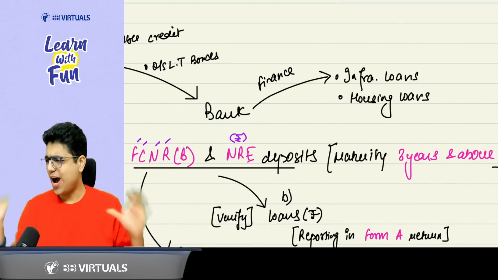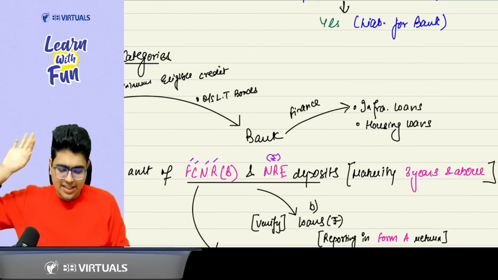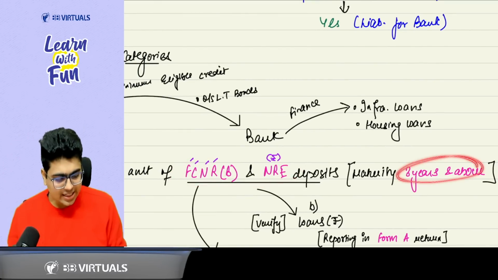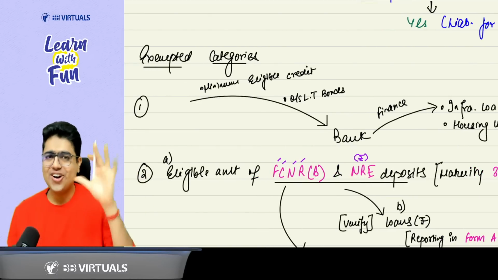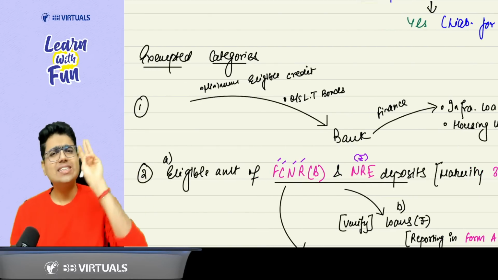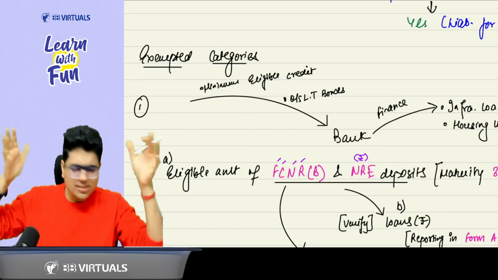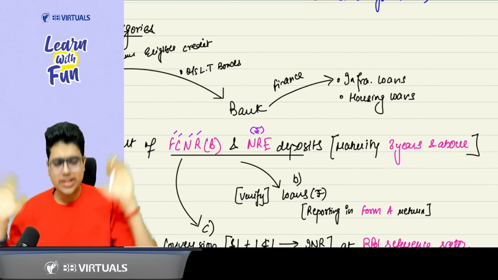If there are certain foreign accounts like FCNR accounts and NRE accounts which have a maturity of 3 years and above, you don't need to include them in the DTL calculation, because 3 years is more than enough. The person is not coming today to take the money. So, okay, we will not include them in the DTL calculation.